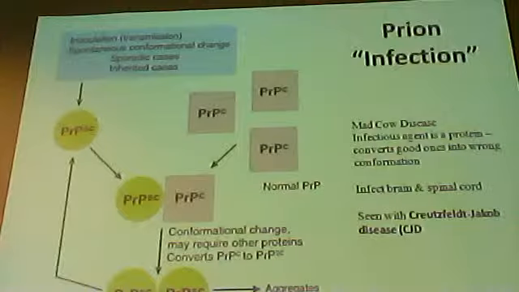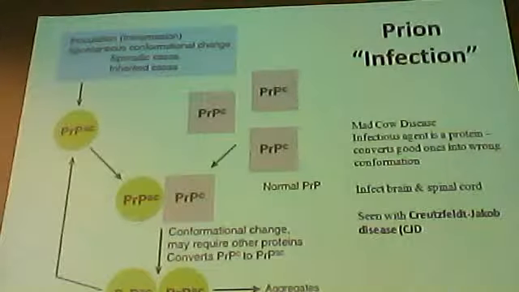This is not a virus, and it's also not a living organism. It's a protein, kind of a quote-unquote protein virus type thing. The protein binds to another protein and induces a conformational change, so that other protein can no longer do what it normally does, and then it starts to aggregate.